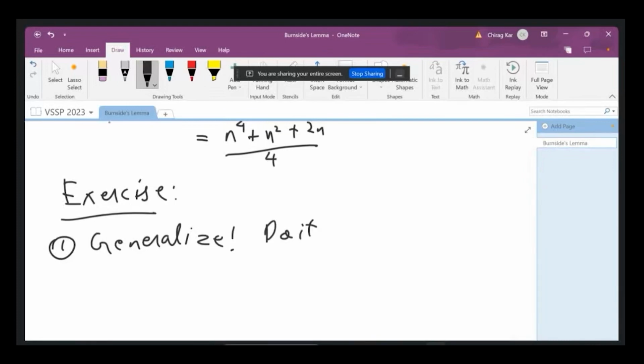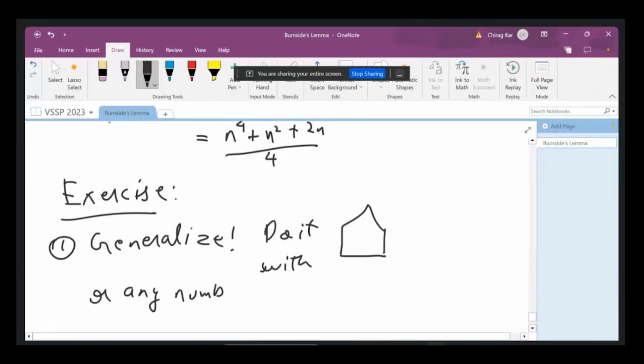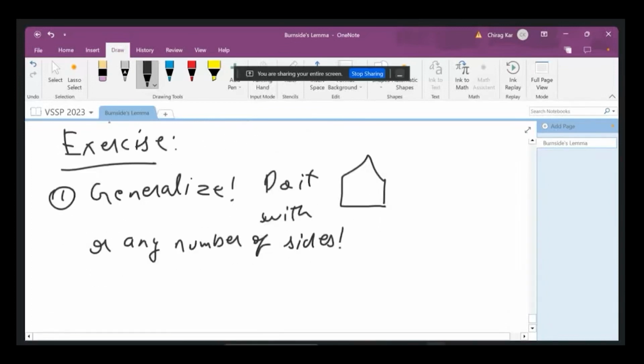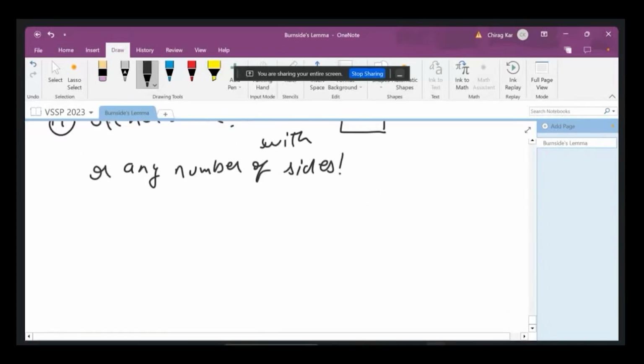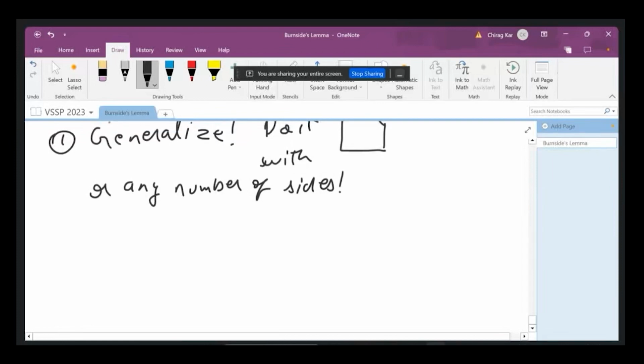Do it with, say, a pentagon, for example, or any number of sides. In that case, the rotational group will also change quite a bit. It would be very interesting to see that.